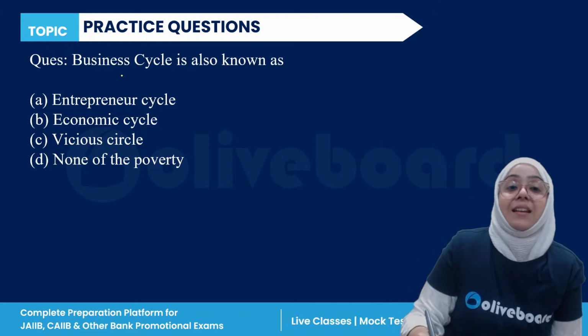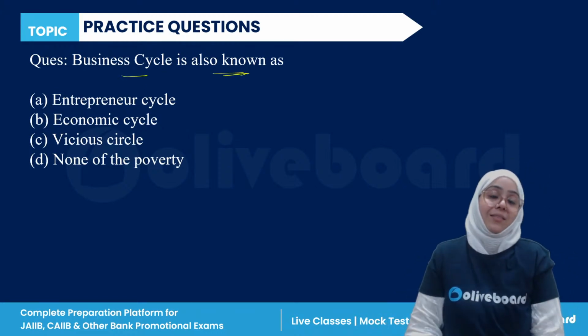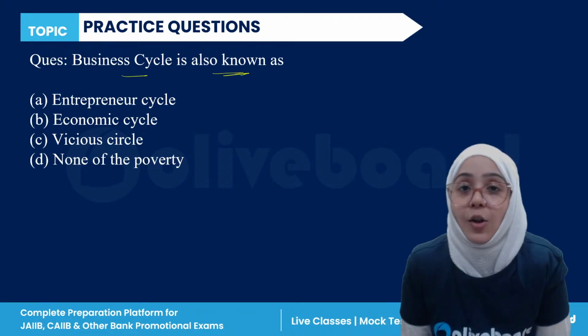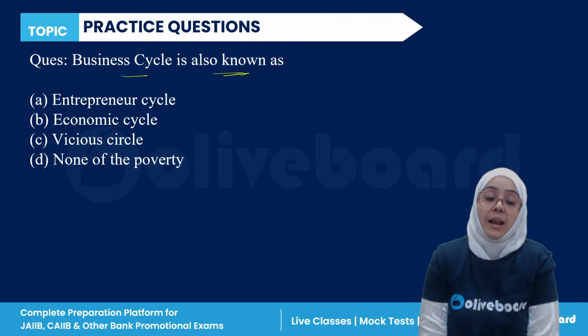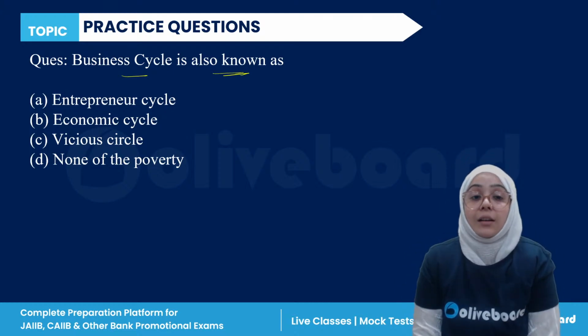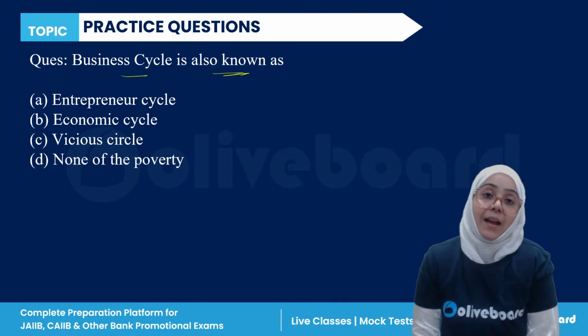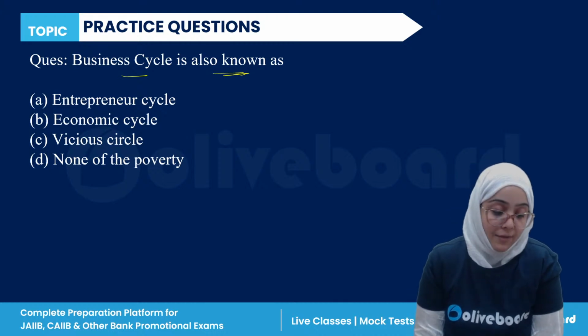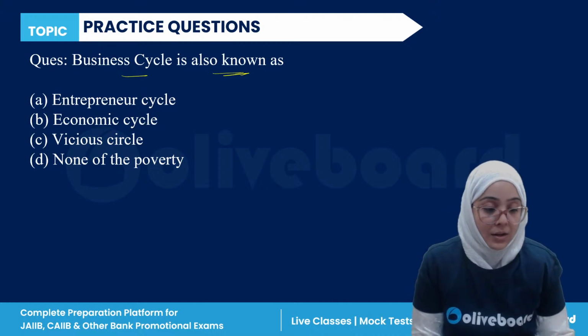Next, business cycle is also known as, now easy. Business cycle is also known as entrepreneur cycle, economic cycle, vicious cycle, or none of the above. Everyone, please answer this question.